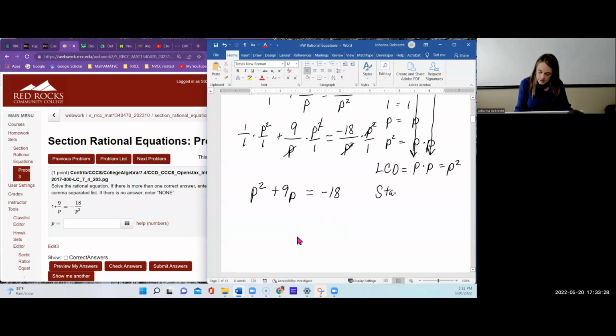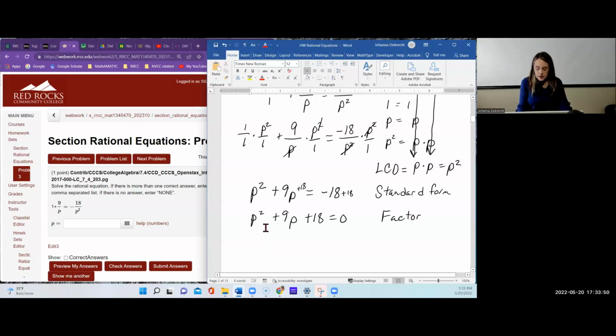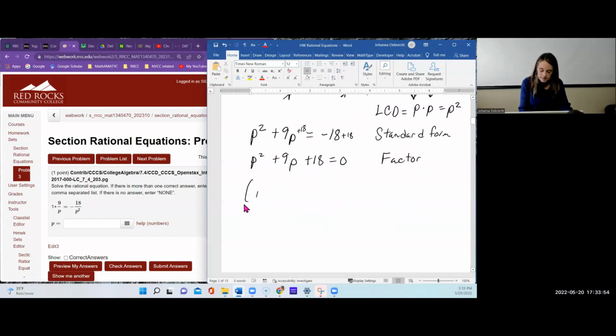We call this standard form. That gives me p squared plus 9p plus 18 equals 0 after I add the 18 to both sides of the equation. Now I want to try to solve it by factoring. When I split up the p squared, the middle term tells me it splits as p and p.